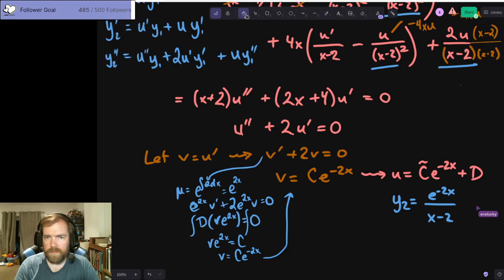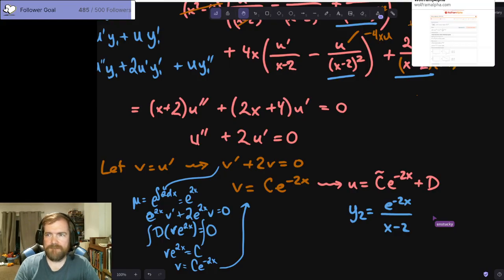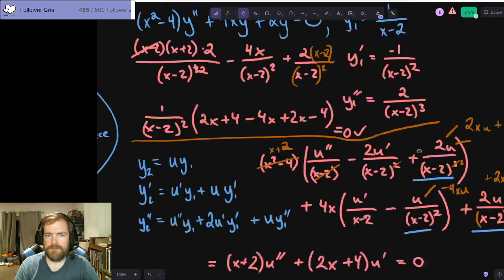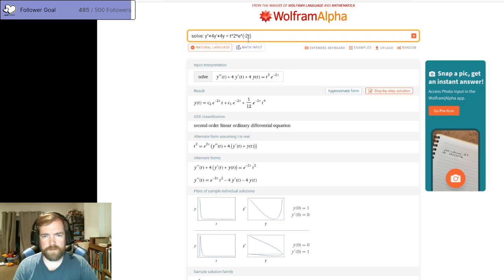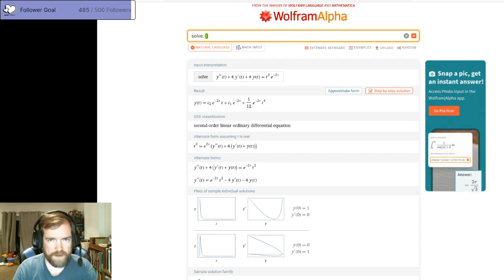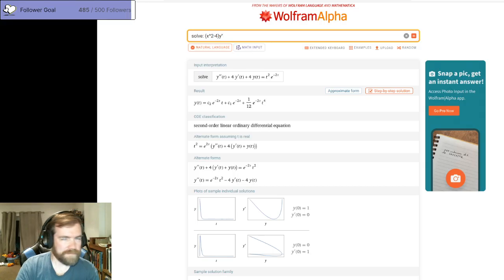That is either right, or the x plus 2 should be on the other side. y2 is equal to u times y1. Okay, I'm satisfied. Alright, I'll go verify on Wolfram from there real quick, but only because I got something different in my notes. Probably means my notes are wrong. It's fine.